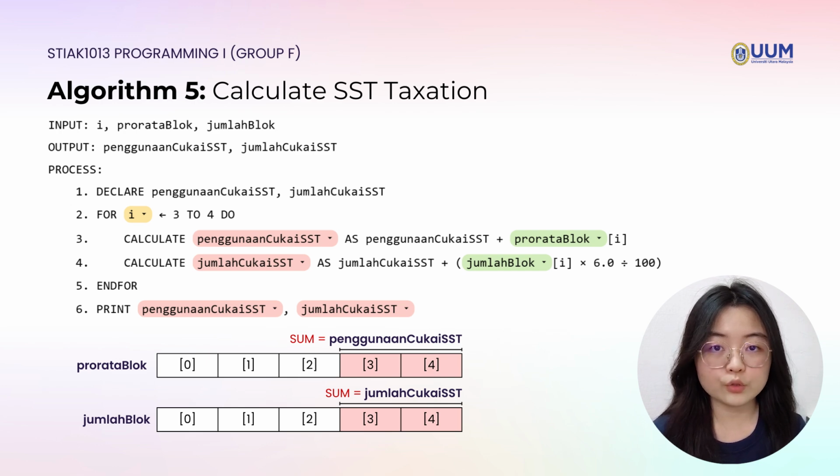Jumlah block is used in the formula to calculate jumlah cukai SST. Penggunaan cukai SST and jumlah cukai SST are calculated by summing up the last two values in the berata block and jumlah block arrays. The outputs penggunaan cukai SST and jumlah cukai SST are the results of the calculation process.